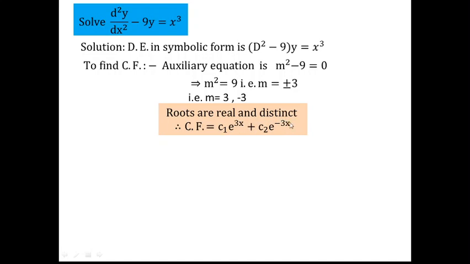That's why here it should be x. Now let's find out the particular integral. Particular integral is equal to 1 upon f of D. What is the operator over here? It is D square minus 9, and then the right hand side function of the independent variable, which is x cube. Now as we have this f of x as a function of the form x raised to n, we will apply case number 3.